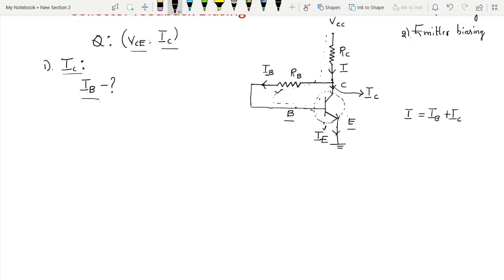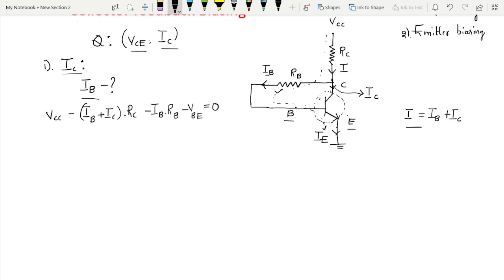This loop equation is VCC minus the drop across I, where I is the base current plus collector current, times the resistor RC, minus the drop across the base resistor IB times RB, minus VBE, equals 0.